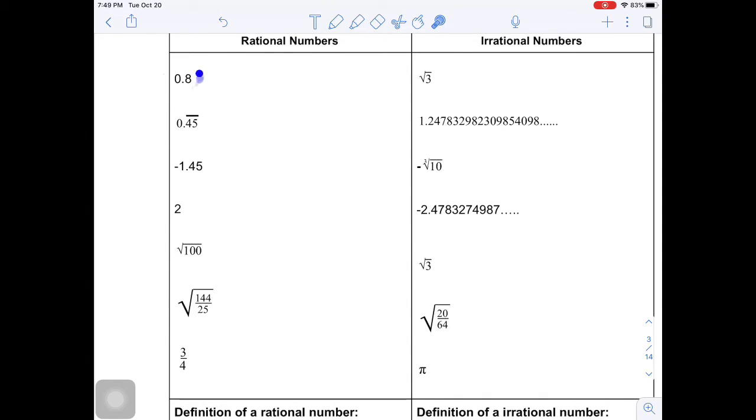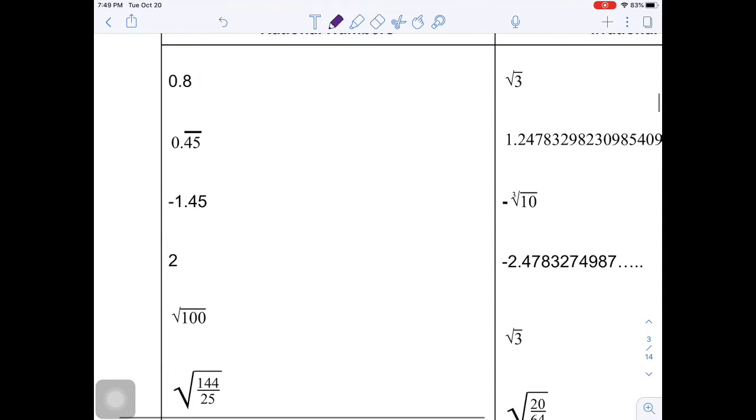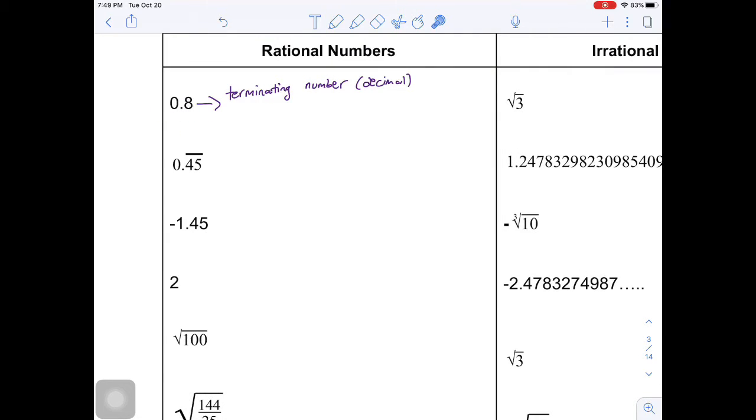So for 0.8, that is a really simple number. It's called a terminating number or decimal, so it doesn't continue on and on. It just terminates. 0.8, as simple as that.